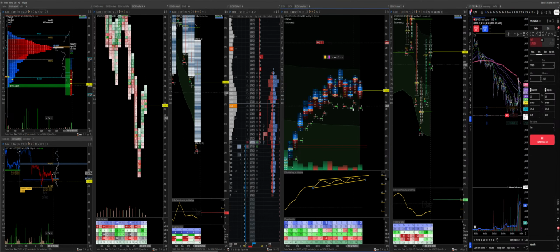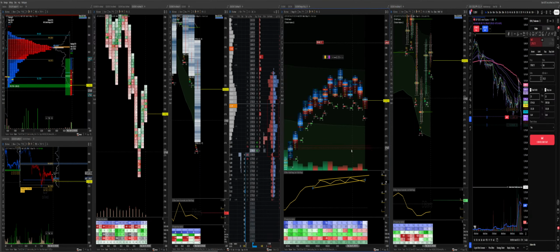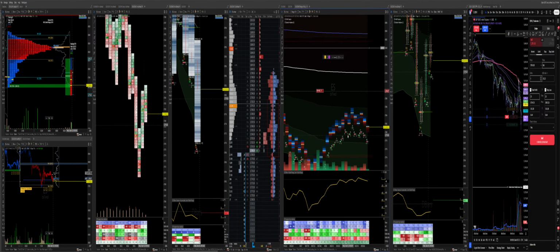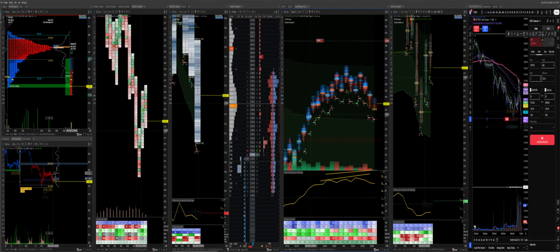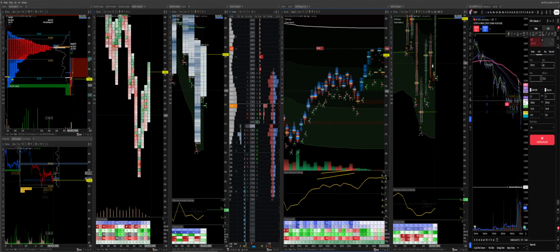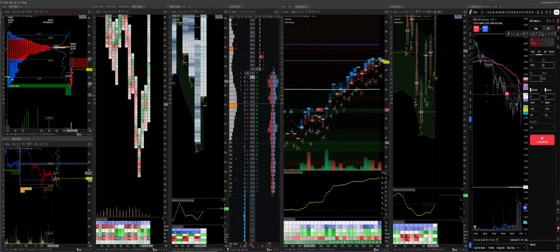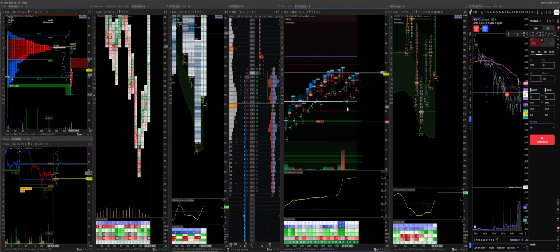Nah, but let's see what happens if we swing below this. That's what I want to see. I want to see a swing below this. Probably test these imbalances, and you see the fuck is that?